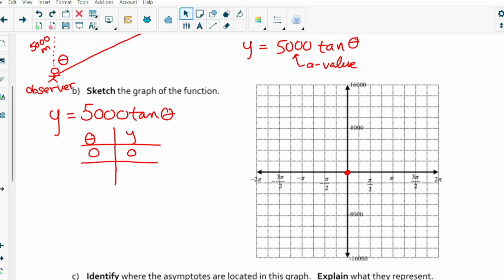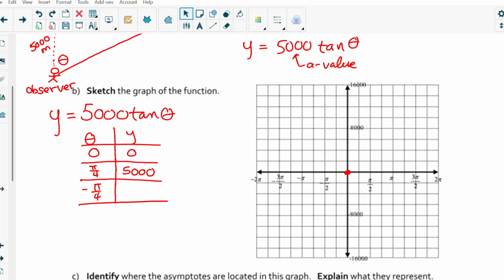Let's do a couple of other key angles here. I'm going to do pi over 4, and I'm going to do negative pi over 4. So pi over 4, tangent of pi over 4 is 1. So my y value is 5,000. And tangent of negative pi over 4 is negative 1.